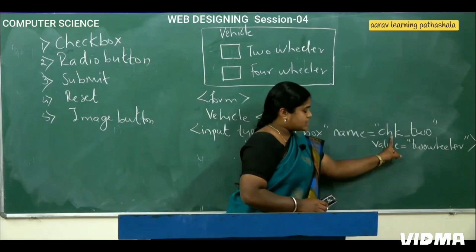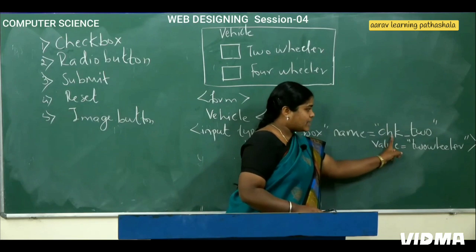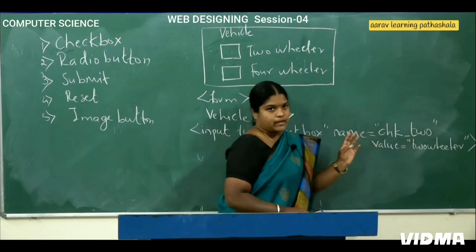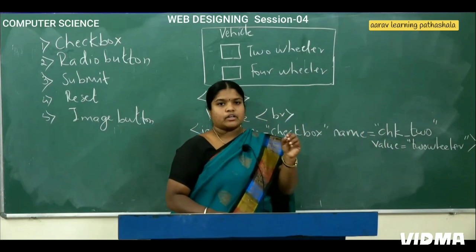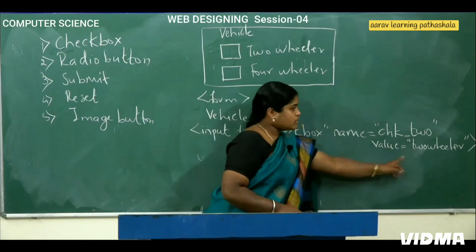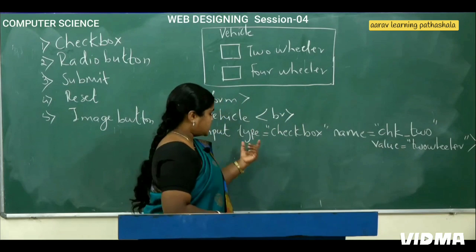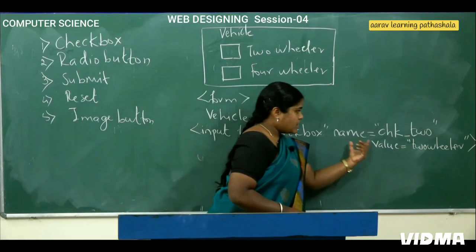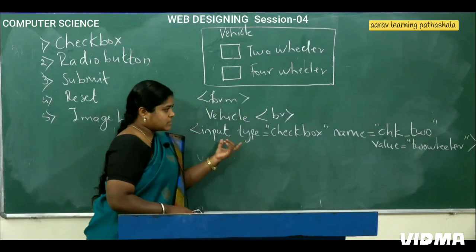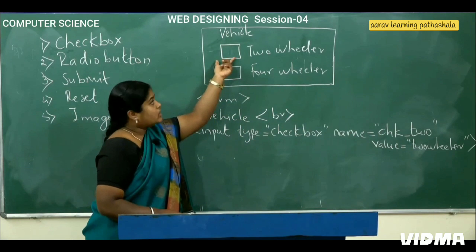As it is a checkbox, I have given it as chk underscore 2, double quote complete. When the user selects that particular control, the value should be two-wheeler. After mentioning these three attributes, that is type, name and value, I have completed the tag. So when you specify this tag, you will get the output as checkbox.